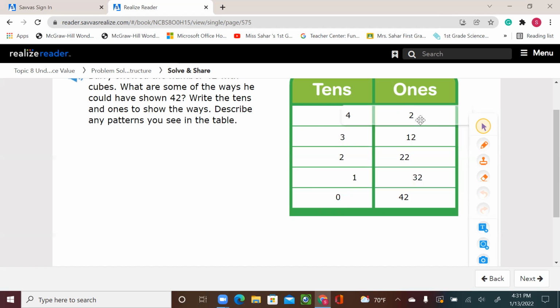So as you see the ones, first I have 2 ones. Then after that, I added the 10, became 12. And then I added 1 more 10, became 22. 1 more 10, 32. 1 more 10, 42. So as you see, the tens lose 1, but the ones go up by 10.